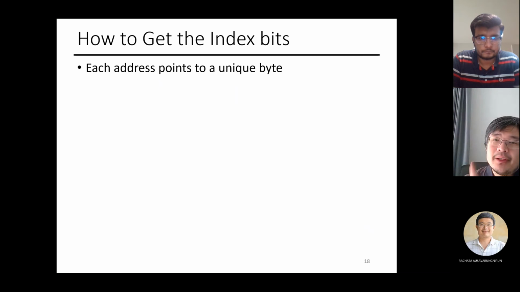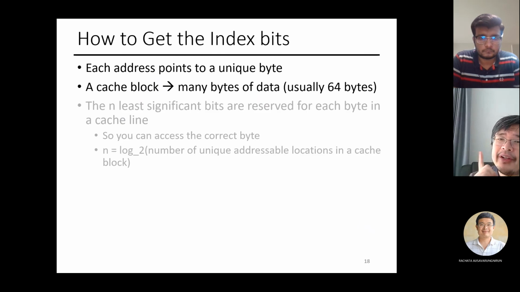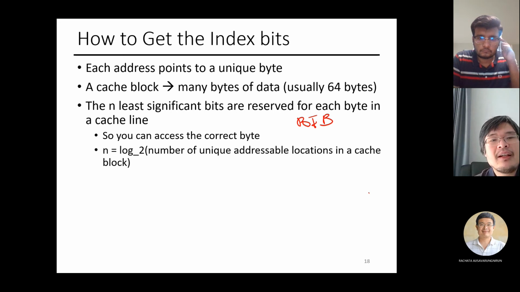Each address points to every single unique byte, and a cache block is multiple bytes of data. So let's assume that you can access every single byte here. You definitely need log of the cache block size at the lower bits to tell which byte I am going to. So in this case, the last n bits are reserved for what byte I am accessing. I typically call this the byte in block bits, just so that I can explain easily.